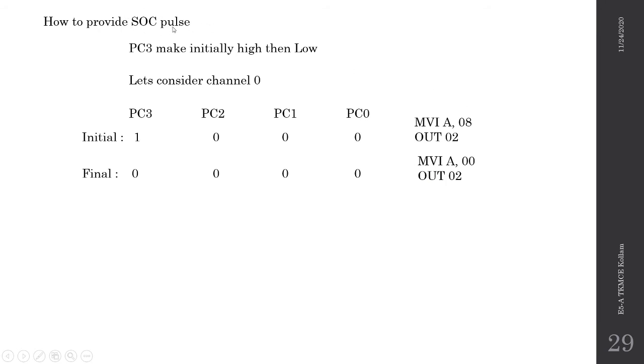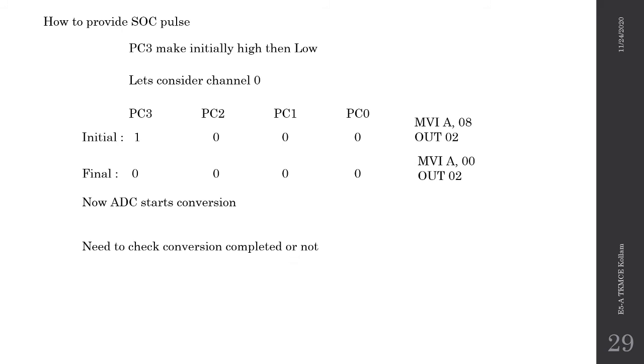So when the SOC pulse reaches the input pin START, the ADC starts the analog to digital conversion process. Then we need to check the status of the end of conversion signal. That is, we need to check whether conversion is completed or not by monitoring the end of conversion signal.